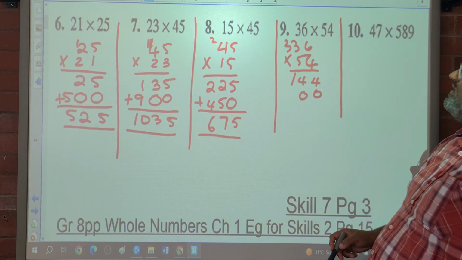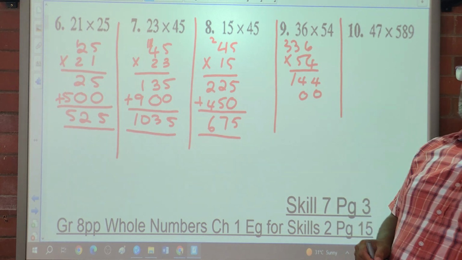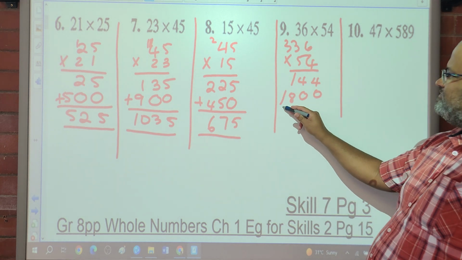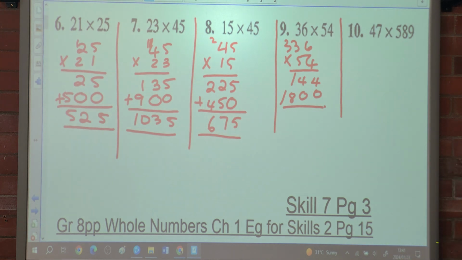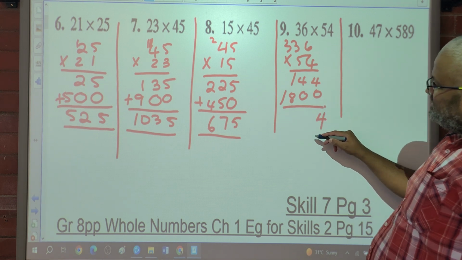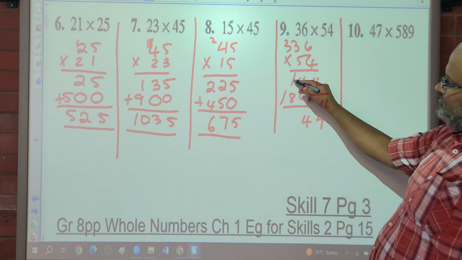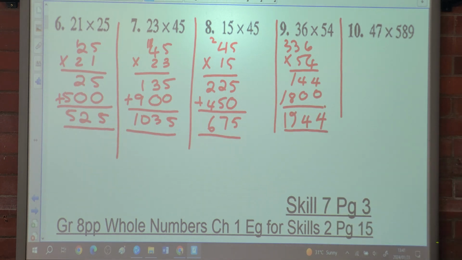So there's now a 3 there. 5 multiplied by 3 is 15 plus 3 is 18. You all agree with that? Any confusion so far? No. 4 plus 0, 4. 4 plus 0, 4. 8 plus 1, 9. 1944.